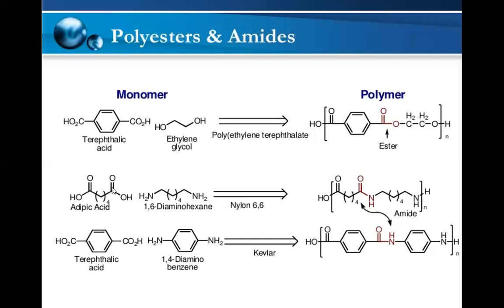Another example is adipic acid condensing with 1,6-diaminohexane, a diamine. It is a dicarboxylic acid and a diamine, whereas the earlier one was a dicarboxylic acid and a diol.